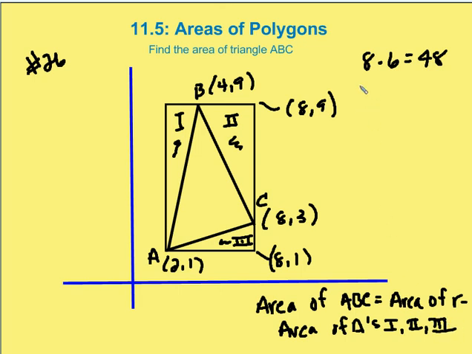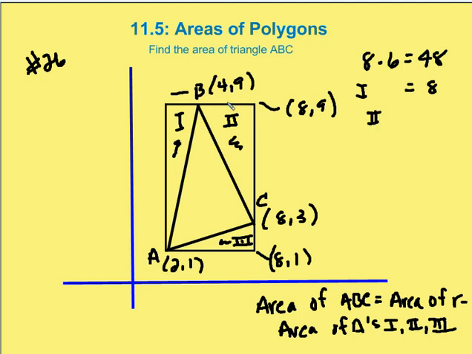So let's figure out the area of triangle 1 first. Area of triangle 1 is going to be the base, which is the difference in x values. In this case, I have 2 here at A and 4 here at B, so my base is going to be 2, and my height is the same, it's 8. So I have 1/2 of 2 times 8, which is going to equal 8.